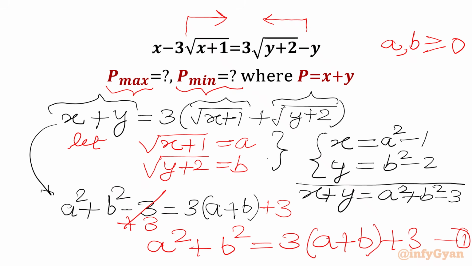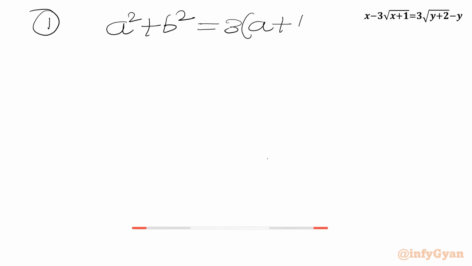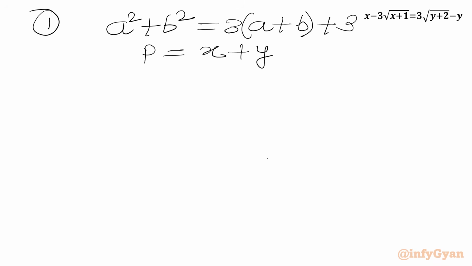Now we will write p. P is x plus y. Let me write here equation 1 once. A square plus b square is equal to 3 times a plus b plus 3. Now we have p equal to x plus y. X is a square minus 1, y is b square minus 2.